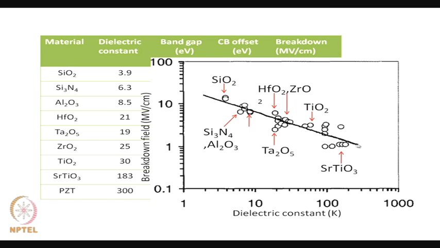So, we cannot take any value of the dielectric constant, because in that case we have to face a low breakdown field, and so there will be breakdown and the device cannot have any stability or reliability. So, that is one of the major things: even though SiO2 has the lowest dielectric constant of 3.9, it is widely used till now.